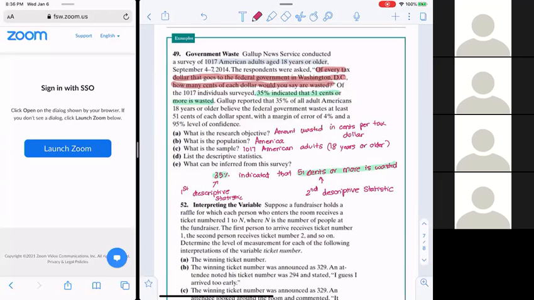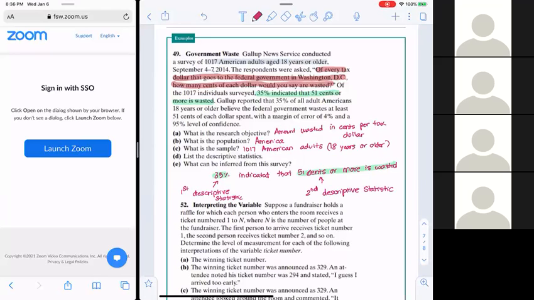Now, lastly, we want to know, well, what can we infer from this survey? Well, we can infer that if we take all adult Americans, 18 years or older, 35% of them believe that 51 cents or more of each dollar is wasted by the federal government.